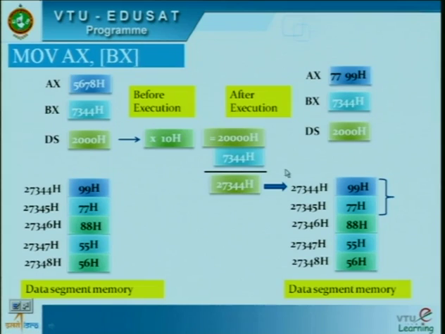Now if you carefully observe here, 44 is the lower address, so 99 will go to AL, 45 is the higher address, then the contents of this higher memory location, which is 77, goes and sits in AH.